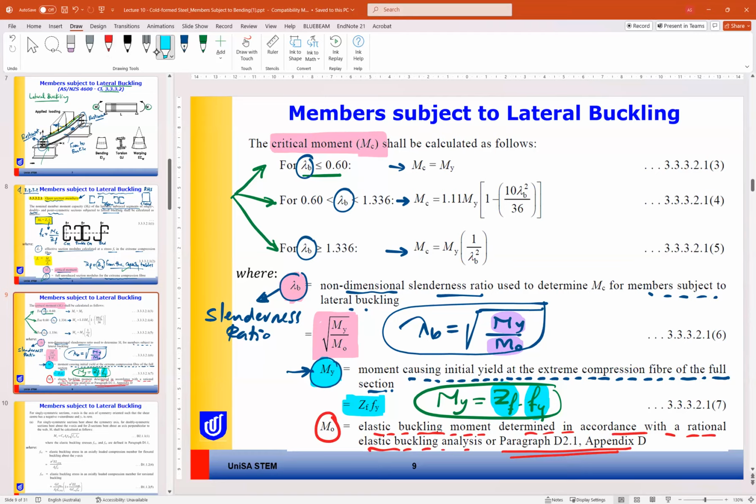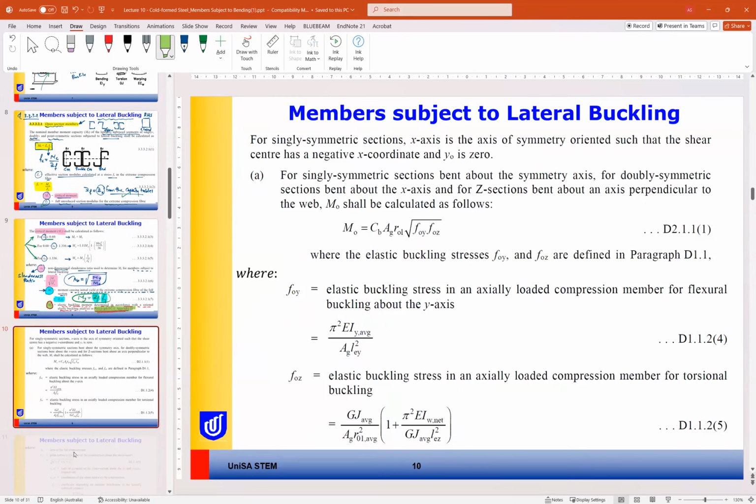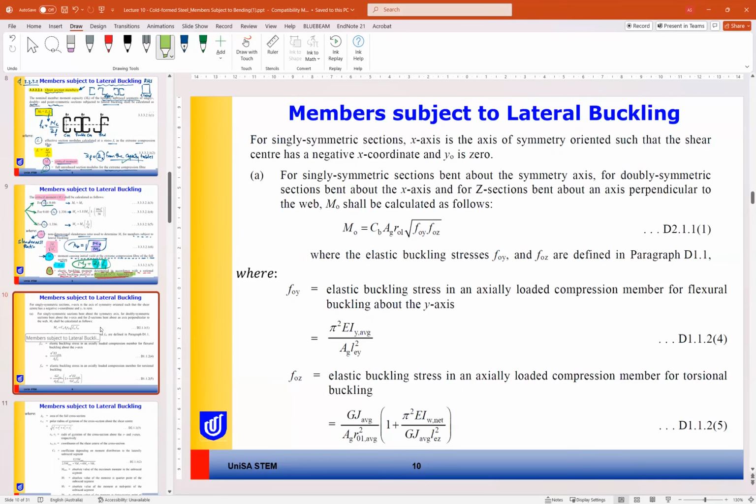So MO will be calculated using this section here, D2.1 in Appendix D. So if we go to the standard in Appendix D, this is how to find MO. So MO from Appendix D is using this formula here, or clause D2.1.1.